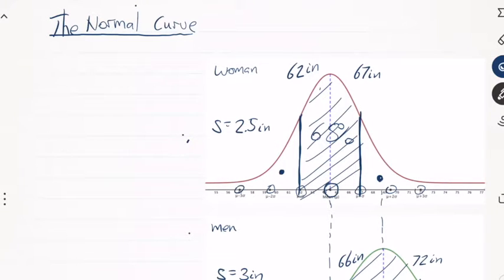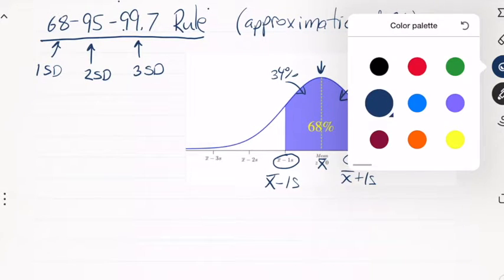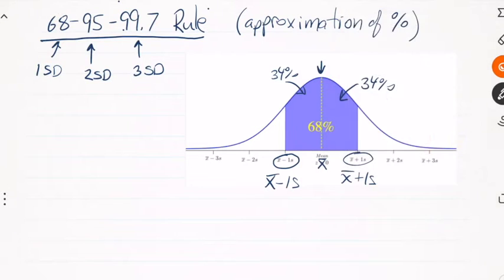All right. Another thing that's good about this picture is notice the little dotted line I have going down the middle of this graph. That cuts the area perfectly in half. So on this half, there is 34%, and on this half, there is also 34%. We can even break it down a little bit further and go into what is the percent in this part and what is the percent in this part.